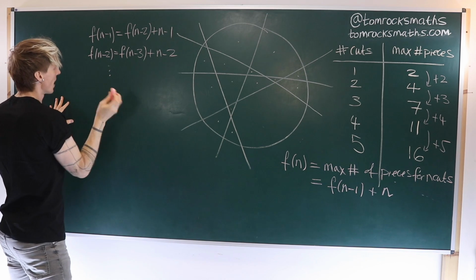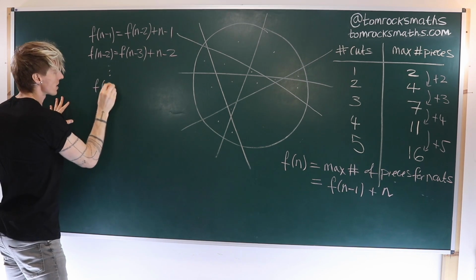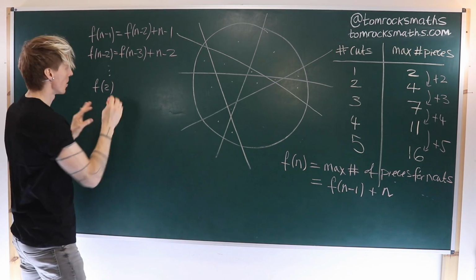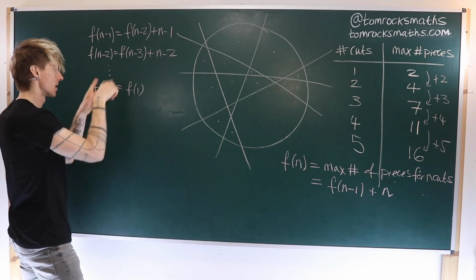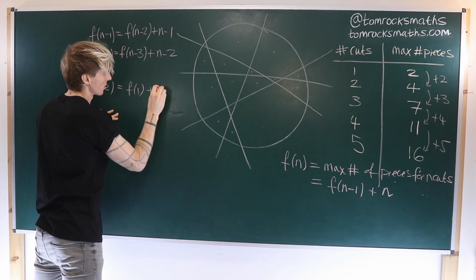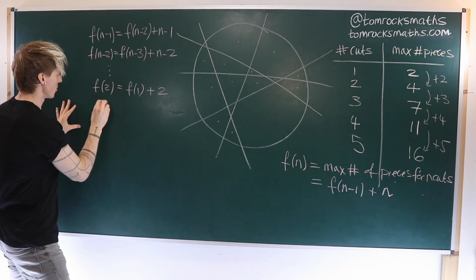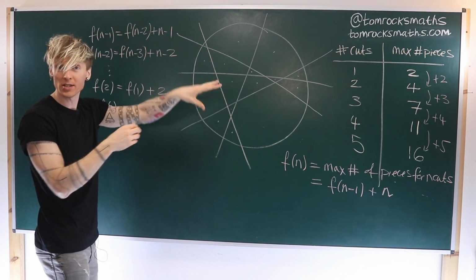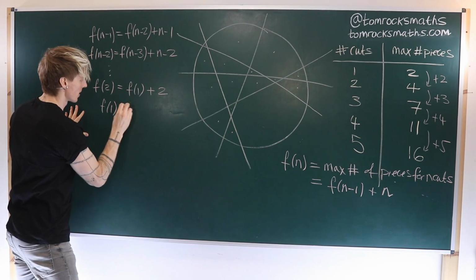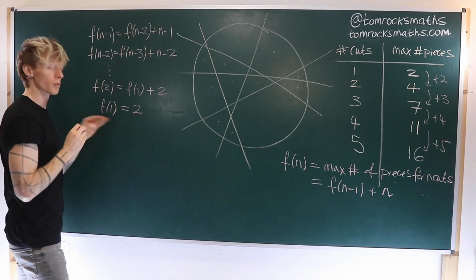And eventually we'll get to, for example, f of 2, which is equal to the previous value, f of 1, plus n, and here n is 2, so plus 2. And of course, f of 1 was our first line, so one cut on the circle gave us 2 pieces. So that's equal to 2.